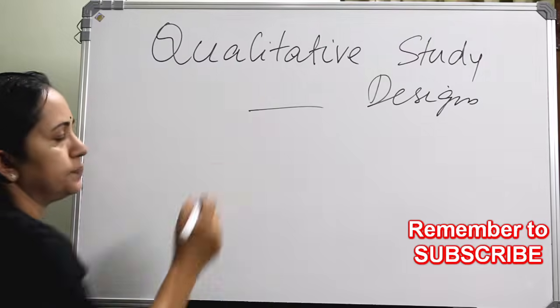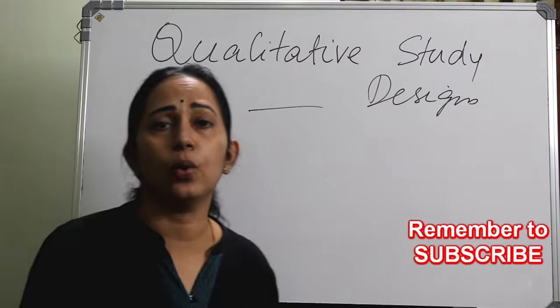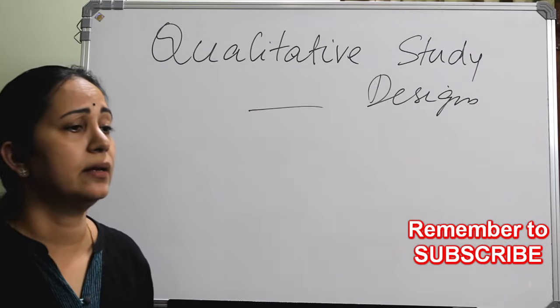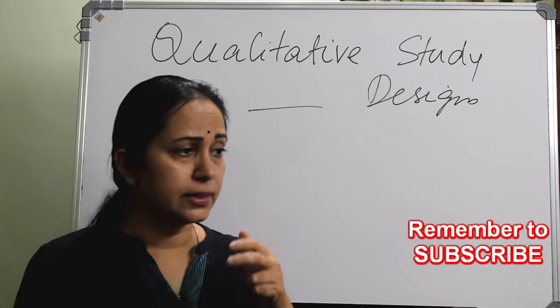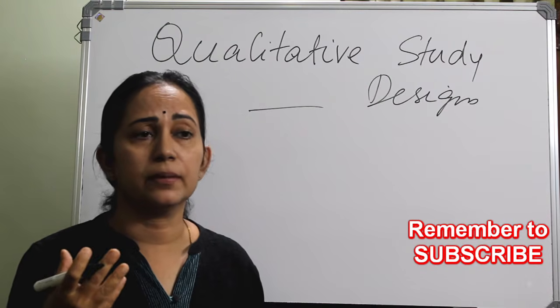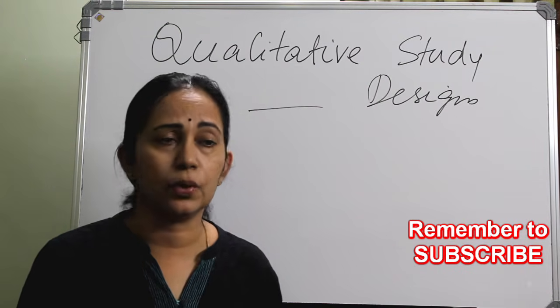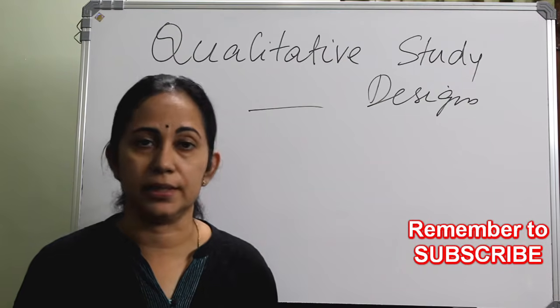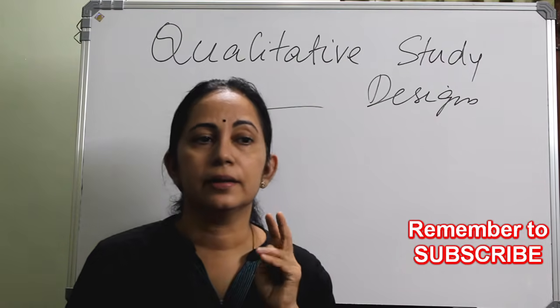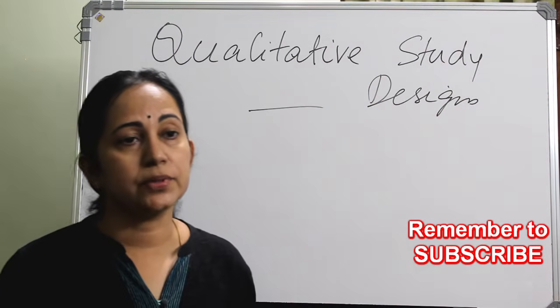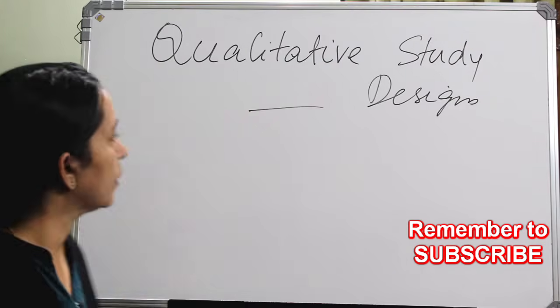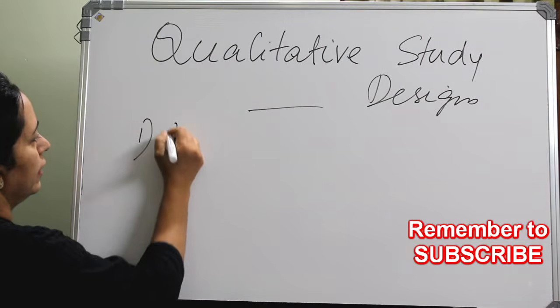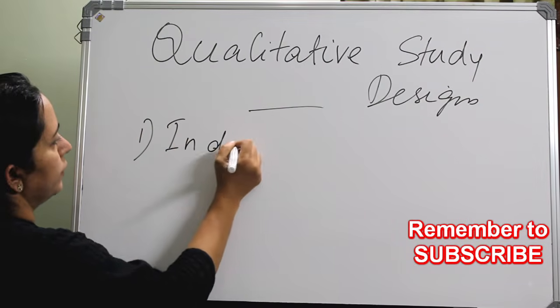Okay, so now I will give you an overview of qualitative study design. It is getting the participants' perspective, or looking at social behavior more holistically. And actually there are three methods by which we do a qualitative study. One is in-depth interview.